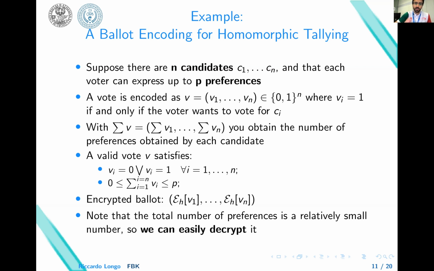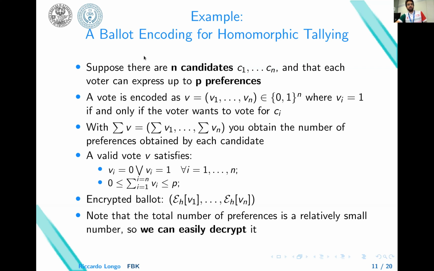And this will express whether the voter wants to vote for Ci or not. So if he wants to vote for Ci, he will put 1 at the corresponding place. If the voter does not want to vote for Ci, then Vi will be 0.